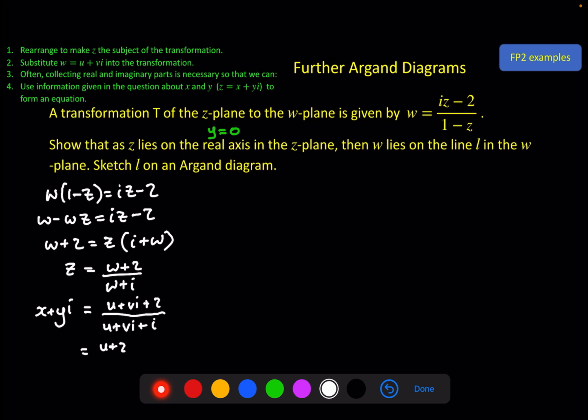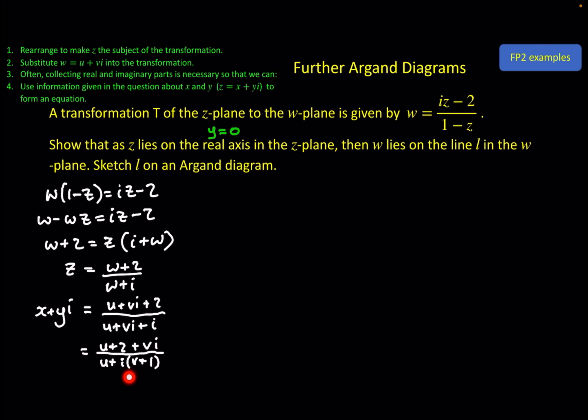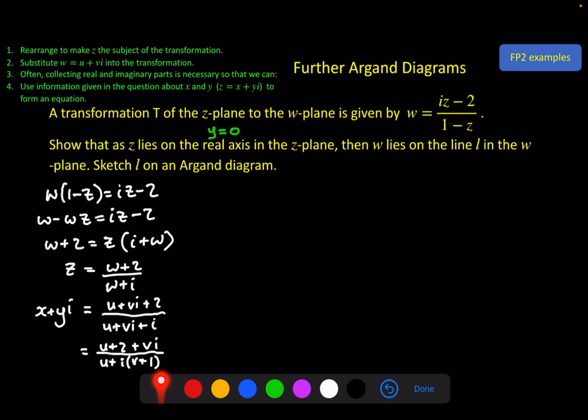Collect the real and imaginary parts to make it a little bit easier. Now to split this fraction into real and imaginary parts, I need to multiply top and bottom by u minus i(v plus 1).